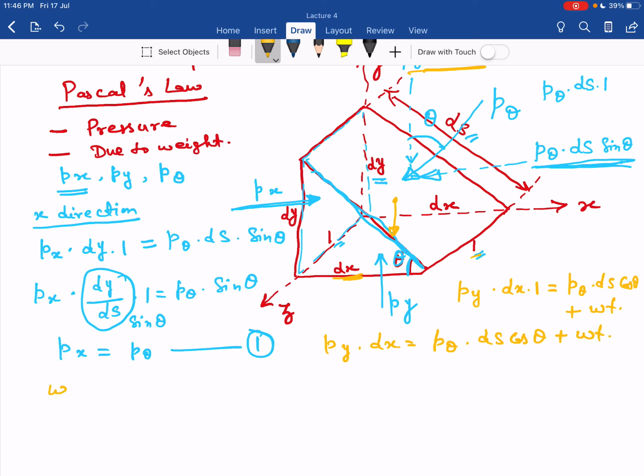Now what is the weight of this wedge shape element? From the definition of specific weight, weight is equal to volume into specific weight.